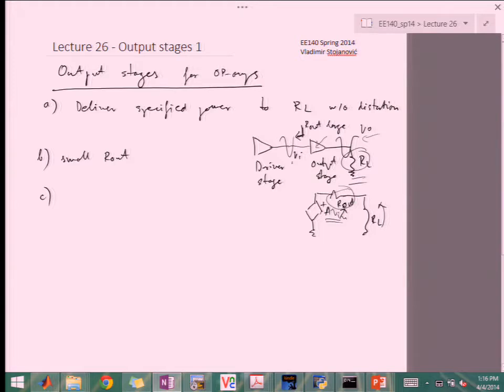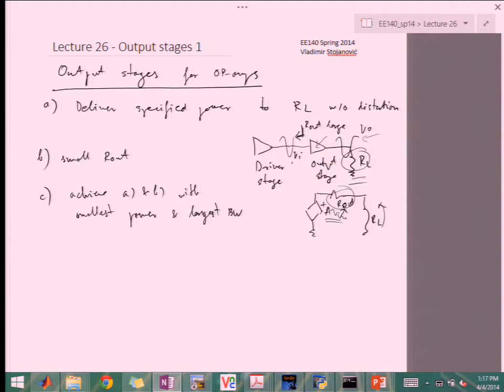And then what you want to do is achieve A and B with smallest power and largest bandwidth. You don't want this output stage to be the bandwidth limiter and introduce a dominant pole in your amplifier.